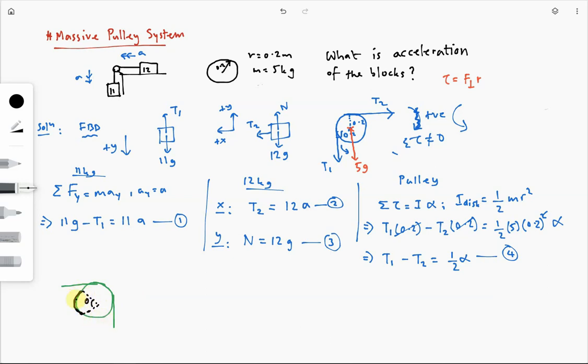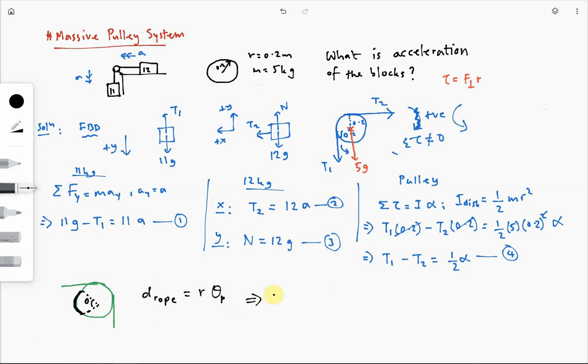This is the distance the rope travels as the pulley rotates, and the distance traveled by the rope is dependent on this angle theta, and we know how. The arc length, or the distance of the rope, is equal to the radius of the pulley times the angular displacement or position of the pulley. This tells me that there is a relation between angular and linear distance.